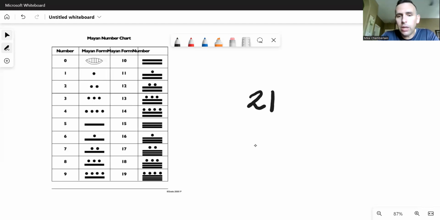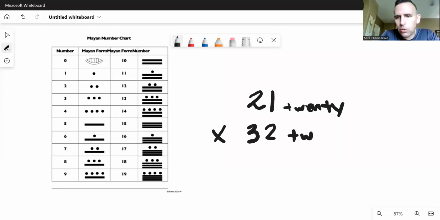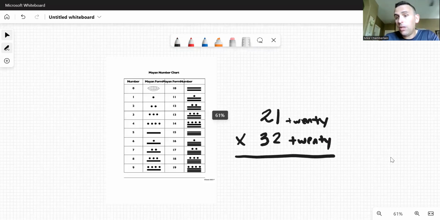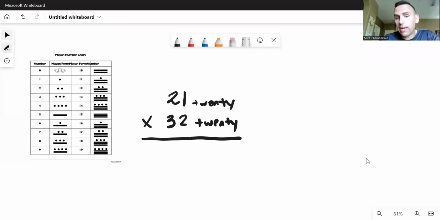You could do it as 21, but I'm going to have it as base 20. So write that 2, 1, excuse me, times, let's say 3, 2 base 20. Now we can use the standard algorithm and so on, but we need a multiplication chart because we don't know our facts in base 20.